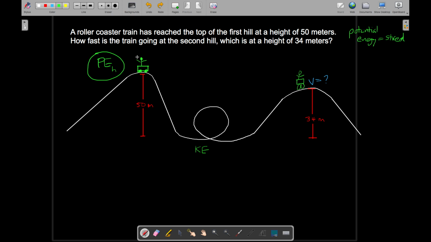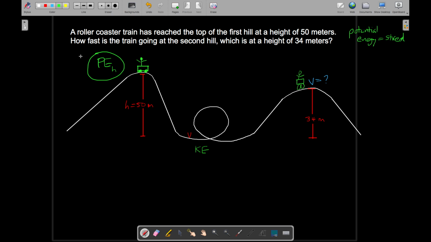We can store that energy, in this situation, in terms of height. So basically, the higher you go, the faster you're eventually going to go at the bottom of the hill. By increasing the height, you store up more and more potential energy, and eventually that's going to give you a really fast velocity at the bottom of the first hill.